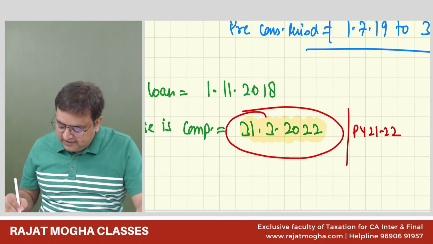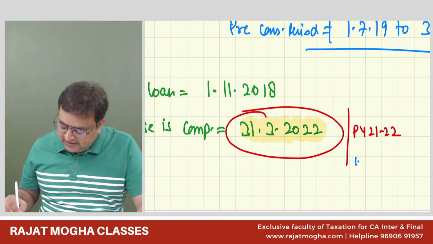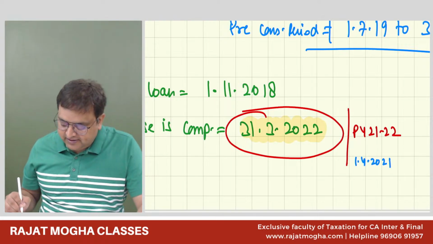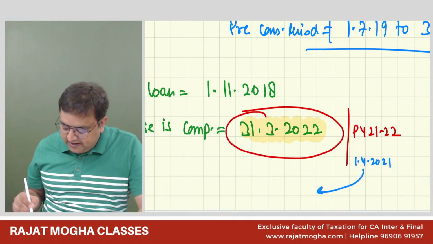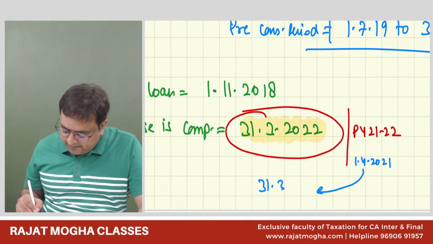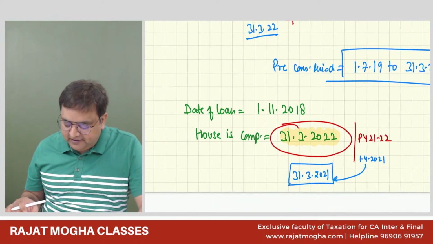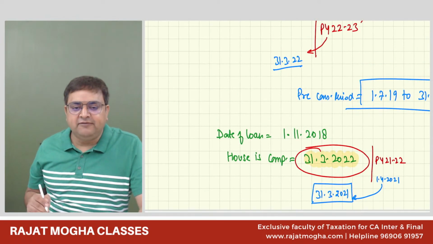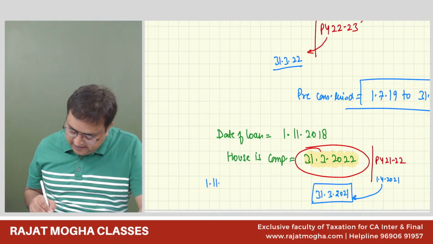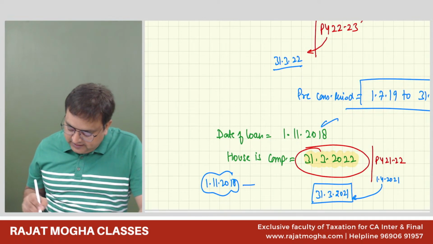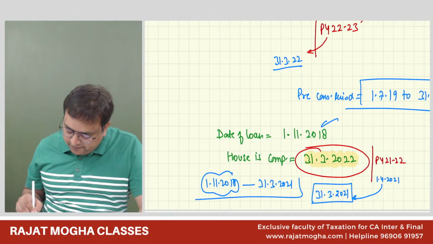This year starts from 1st April 2021. Just go one day before it, 31st March 2021. Till here it is your pre-construction period. So the pre-construction period will be from 1/11/2018, the date of the loan, till 31st March 2021.